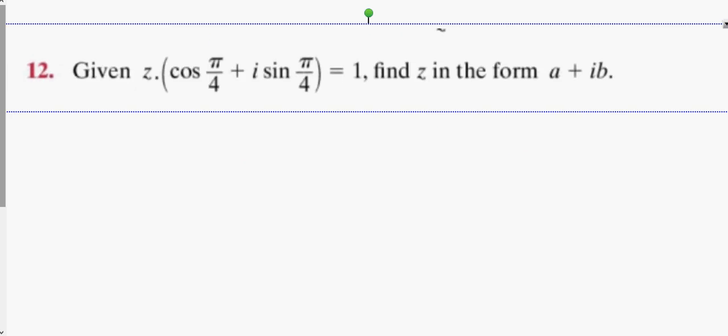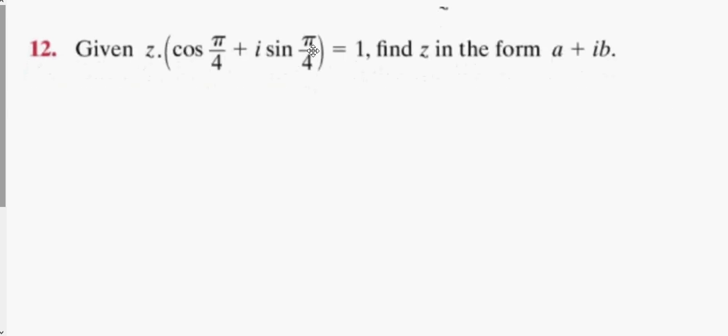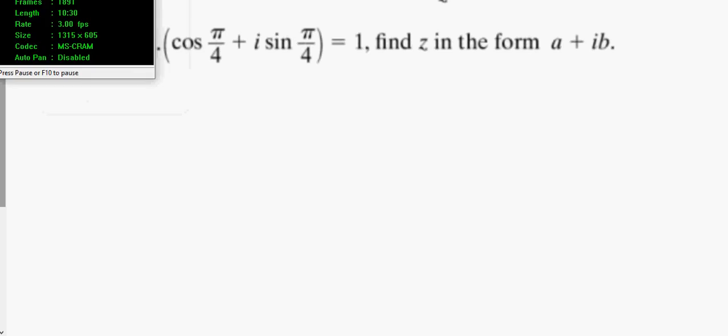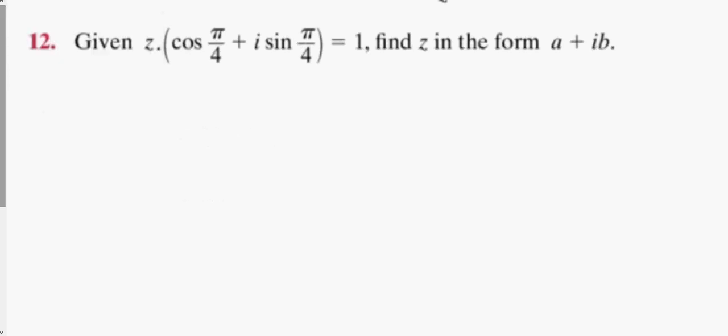Now, this one. Oh, not again. Find Z in the form A plus BI.